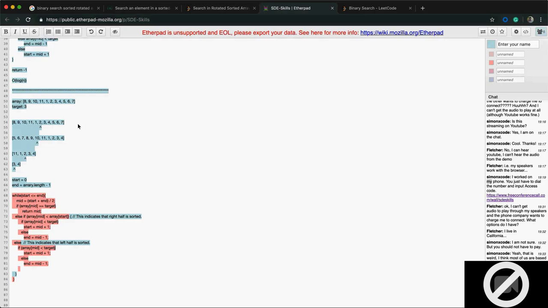And 2 is not greater, so you don't go mid minus 1. It's not less than target, it's greater than target, you go to mid minus 1. So you're searching on the left side for 3. Yeah, so if mid, which is 2, is less than the target, which is 3, we are going to the right side.